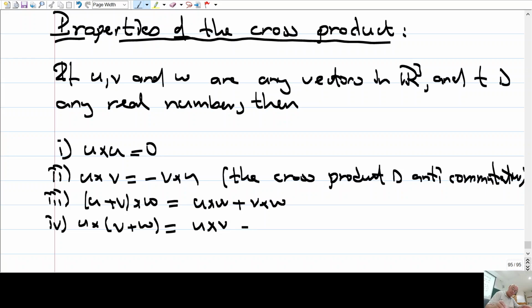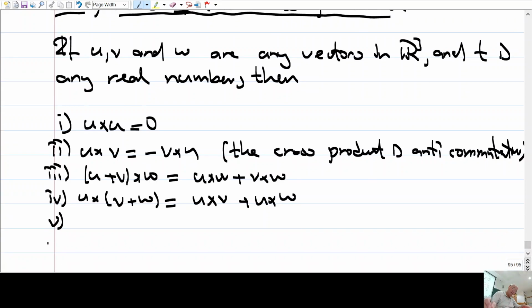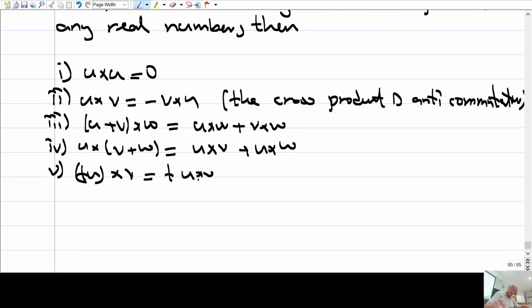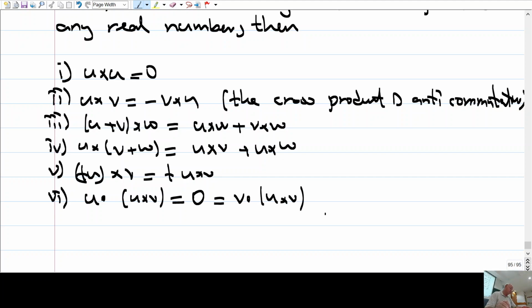And t u cross product v is t times u cross v. So t just goes out, and this one is just u dot u cross v is just 0. And this is also v dot u cross v. Okay.